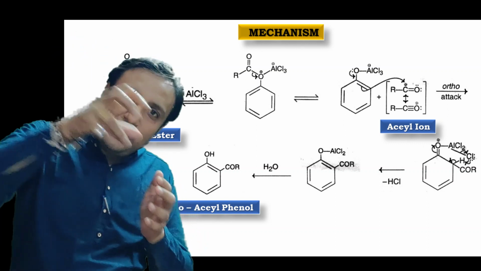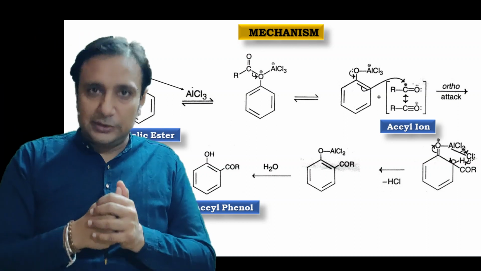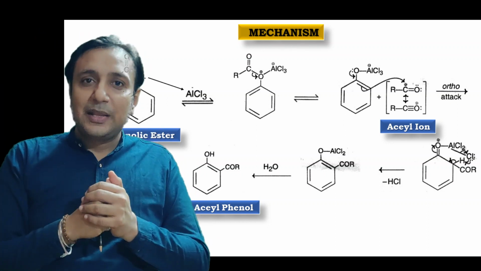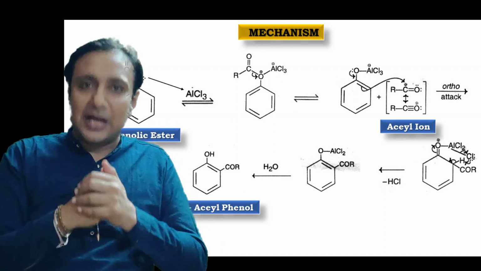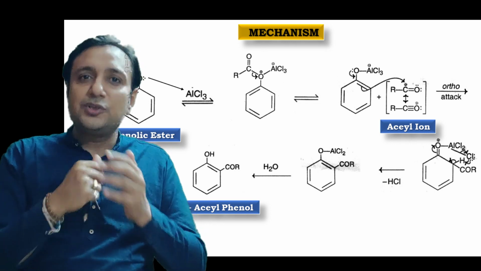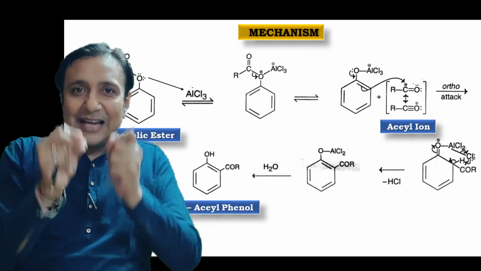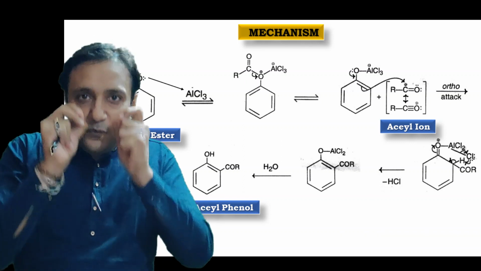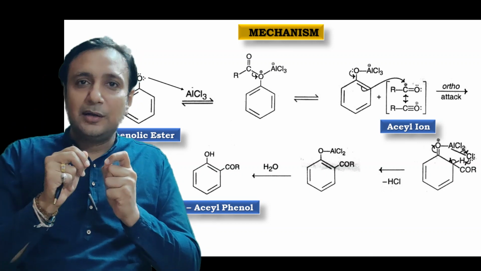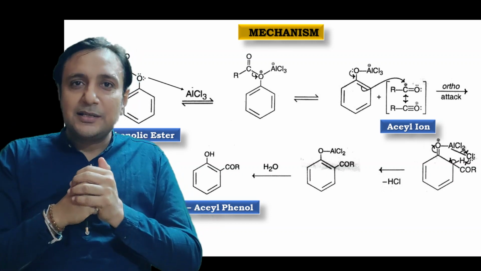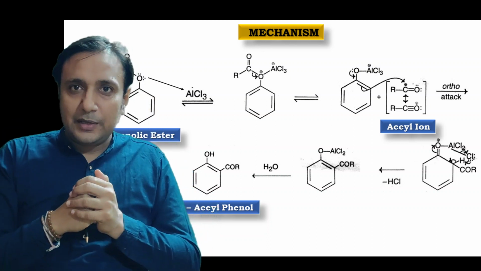So the carbon of the acylium ion can easily attack at the ortho position. And carbon number 1, which is bearing a positive charge, will be neutralized when the oxygen, which is directly attached to the phenyl ring, donates its lone pair of electrons to carbon number 1. So a double bond is present between carbon and oxygen.